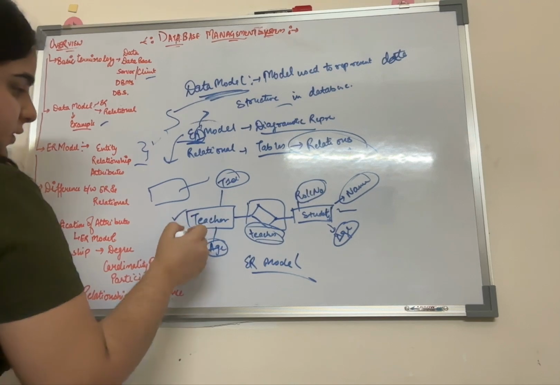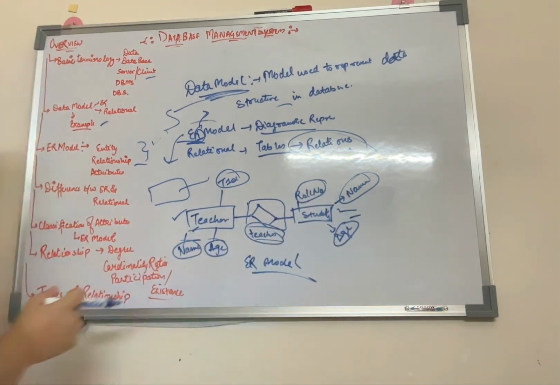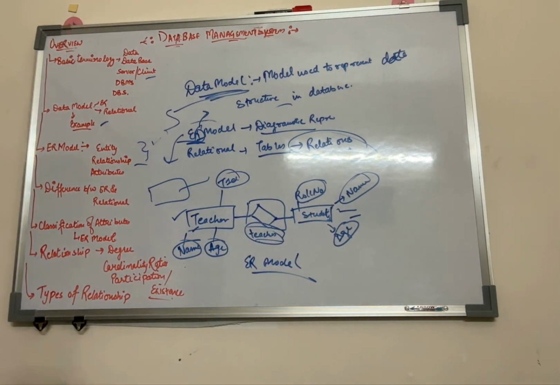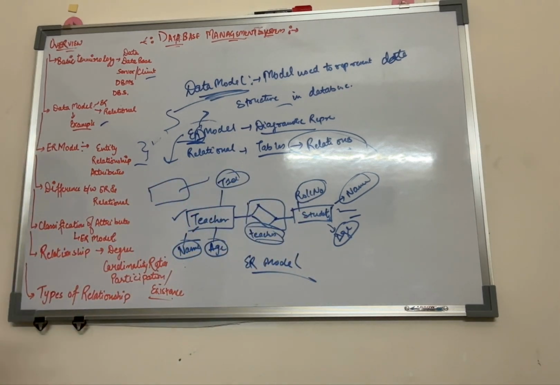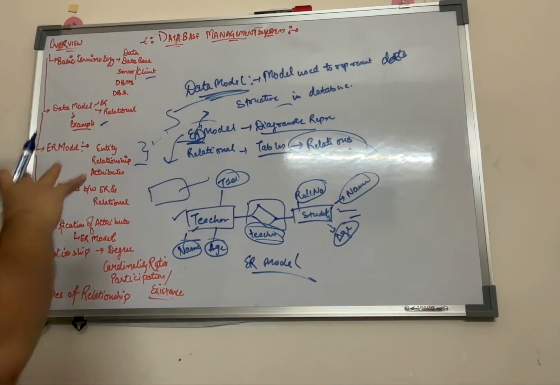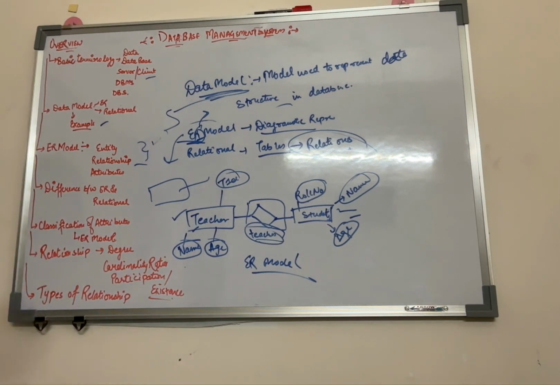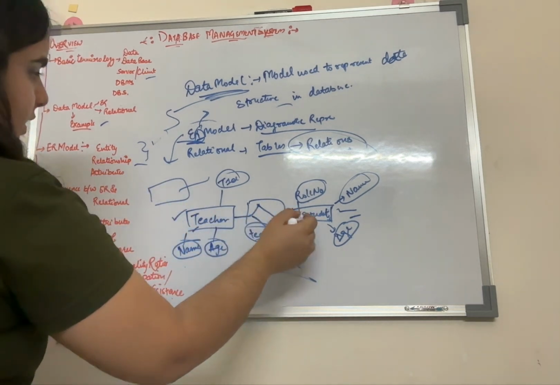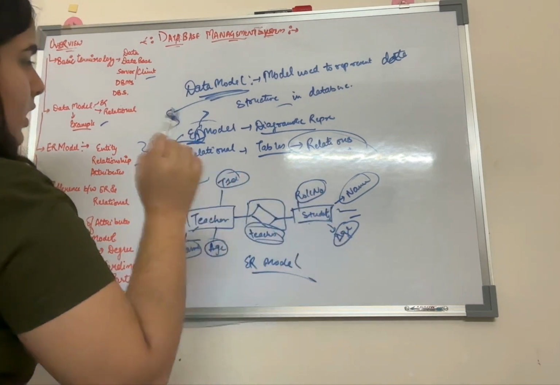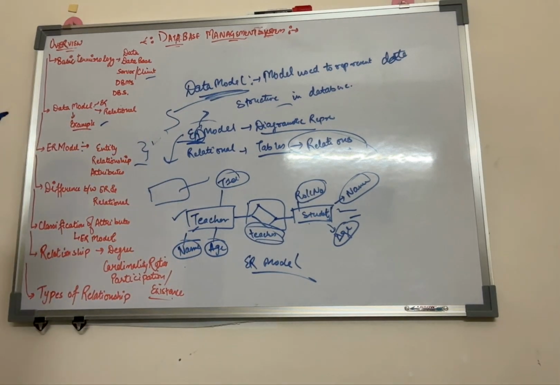These are the attributes of teacher and these are the attributes of student. So this is basically ER model. ER model on the high level depicts how the data is stored in the database. It doesn't give the details. It just says that teacher is there, student is there, these attributes are there. It doesn't tell who all teachers are there or who all students are there.